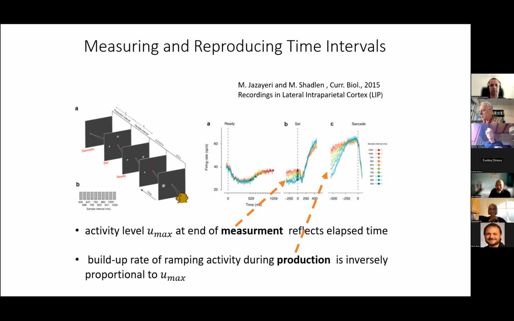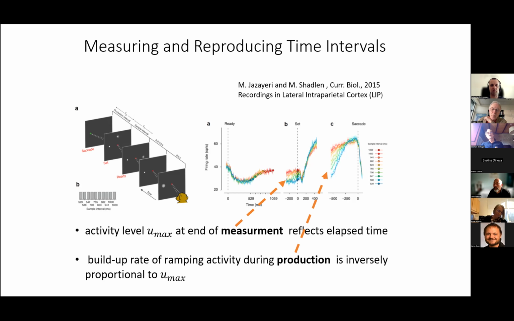The higher the interval duration, the higher the activity. Then during the reproduction period, you see ramps, but with different slope. The slope is inversely proportional to the maximum activity. The longer the interval, the shallower the slope. This is linked to the saccadic onset also.